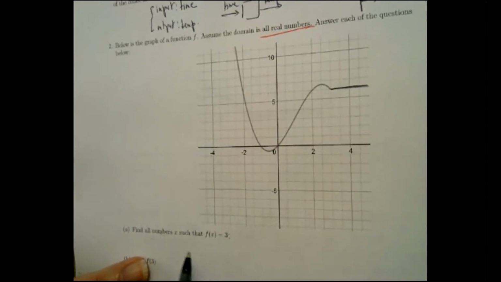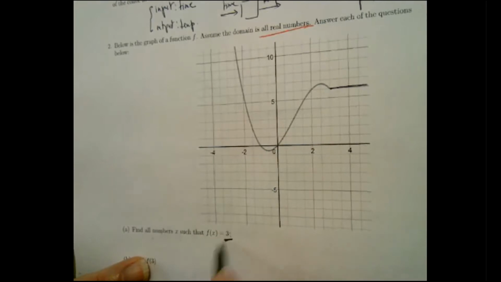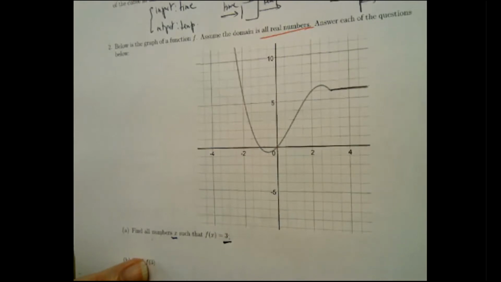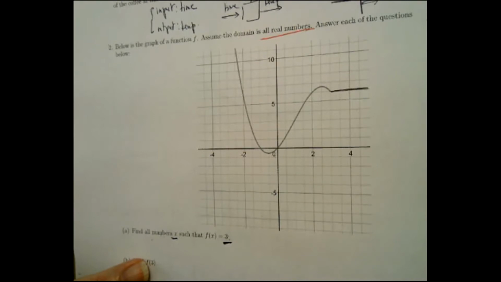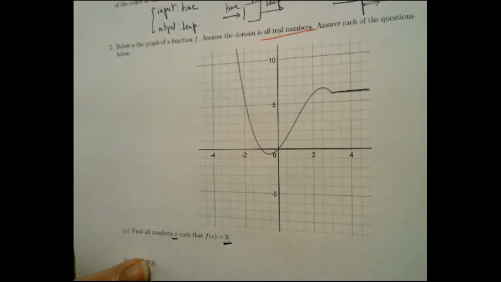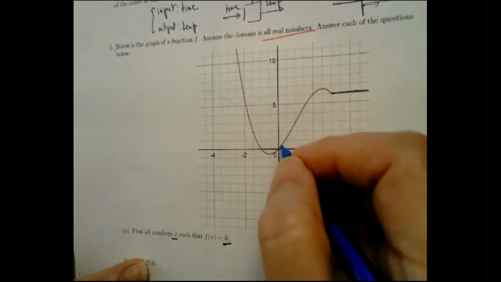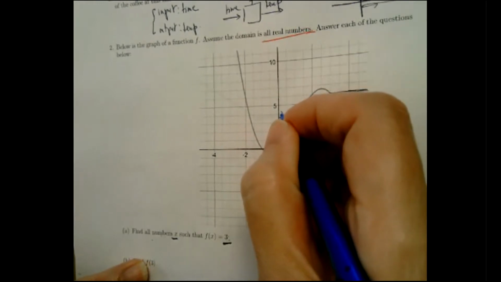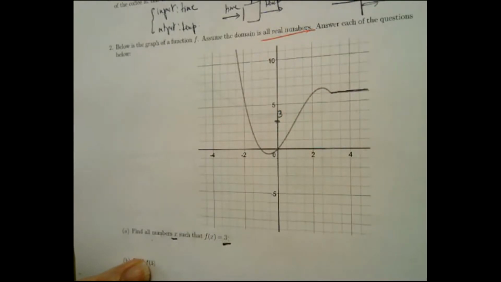Again, here I'm giving you the output, you want the input. Okay, so f of x equals 3, you guys give me the answers. What should it be? That's my 3, that's my output.